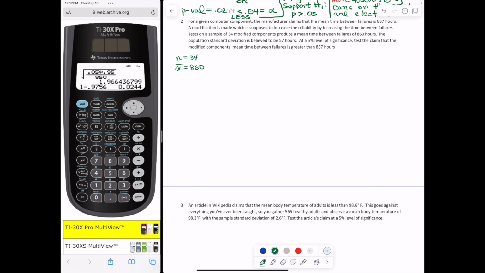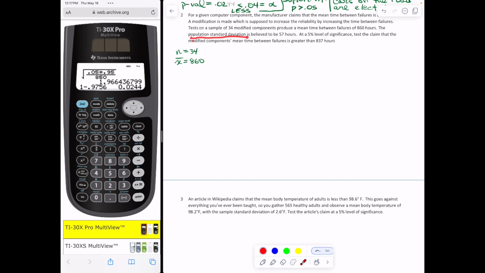Okay. The population standard deviation right here is believed to be 57 hours. So we'll call that sigma is 57. It says test the claim the modifying component's mean time between failures is greater than 837 hours.